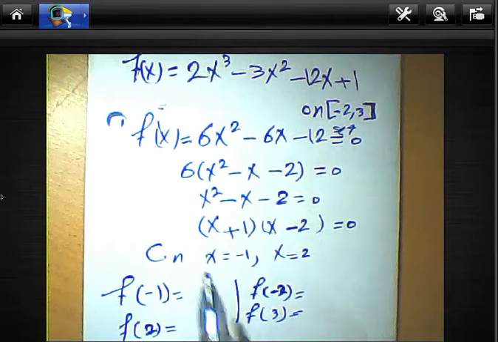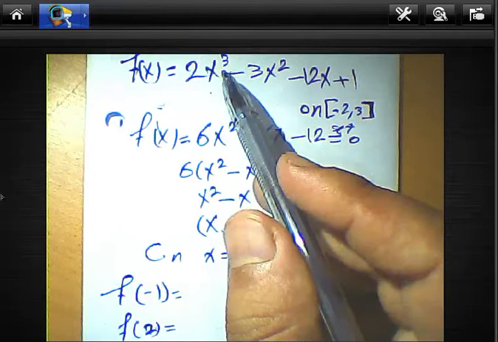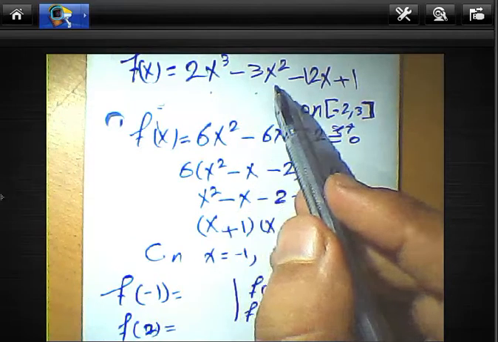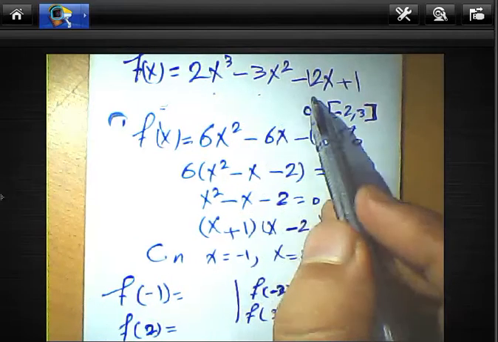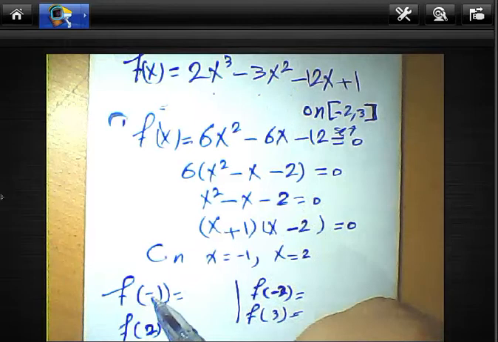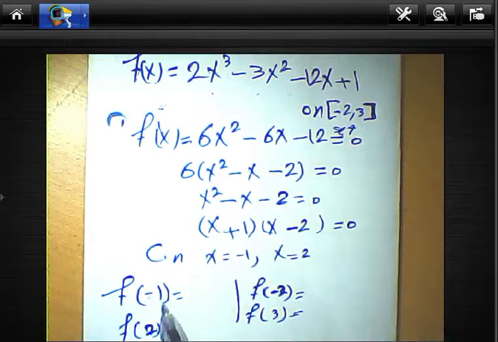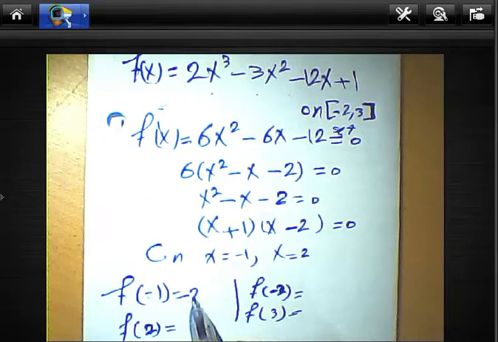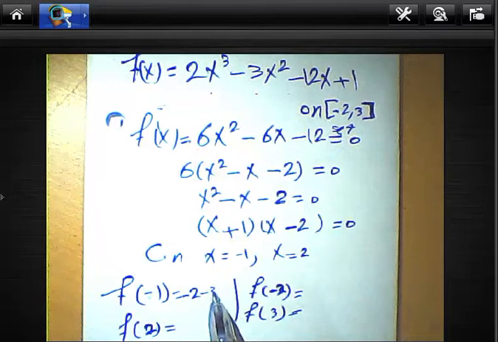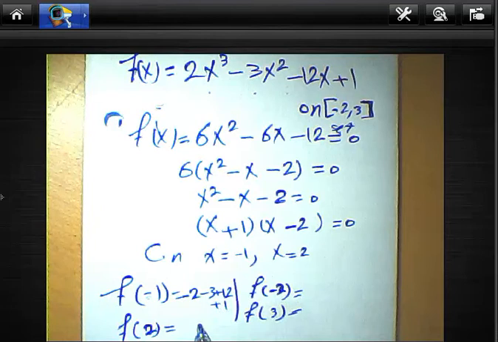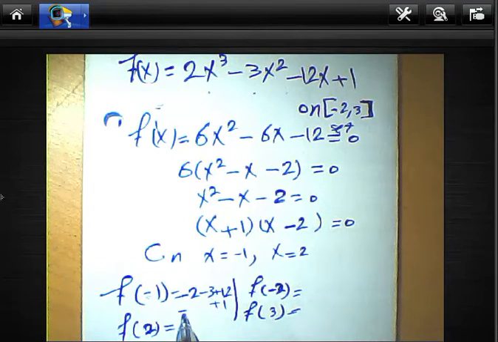Okay, put negative 1 here: 2 multiply negative 1 power 3 subtract 3 subtract 12, it will be positive because we must write negative here. The result will be negative 2 negative 3 plus 12 plus 1, so the result will be 8, because negative 2 minus 3 is negative 5, 12 minus 5 is 7, 7 plus 1 equals 8.